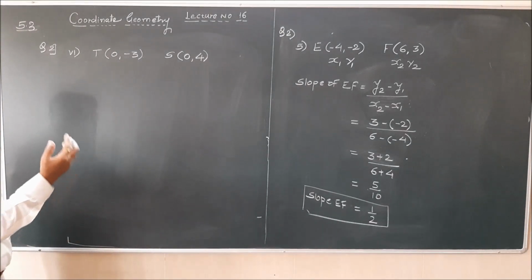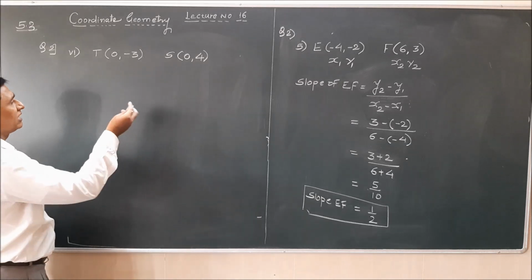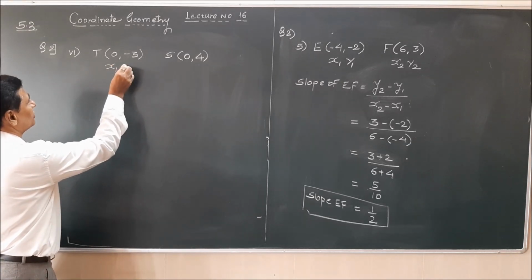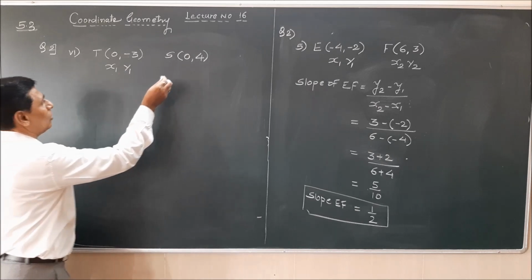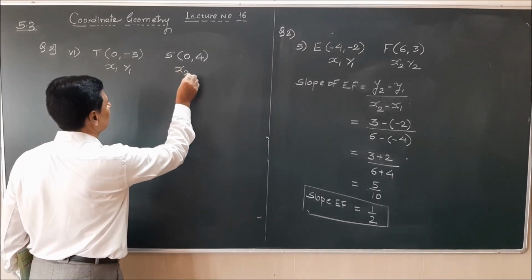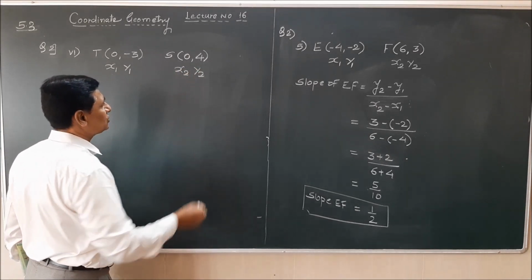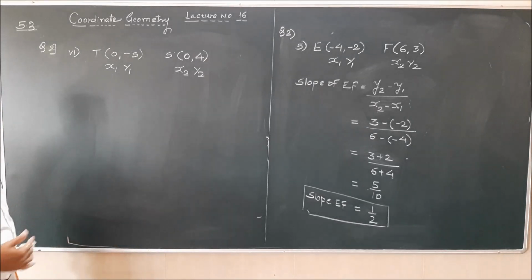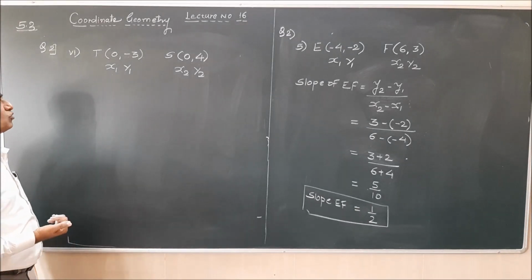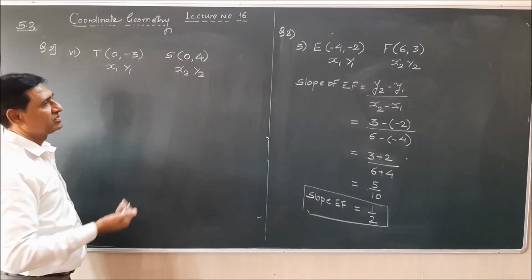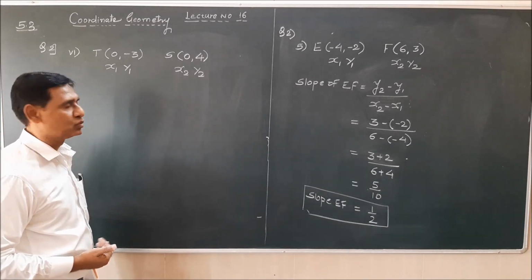As usual, till sum number 5 we have taken the coordinates of the first point as x1, y1, while the coordinates of the second one as x2, y2. We always label the first point as x1, y1 and the second one as x2, y2.